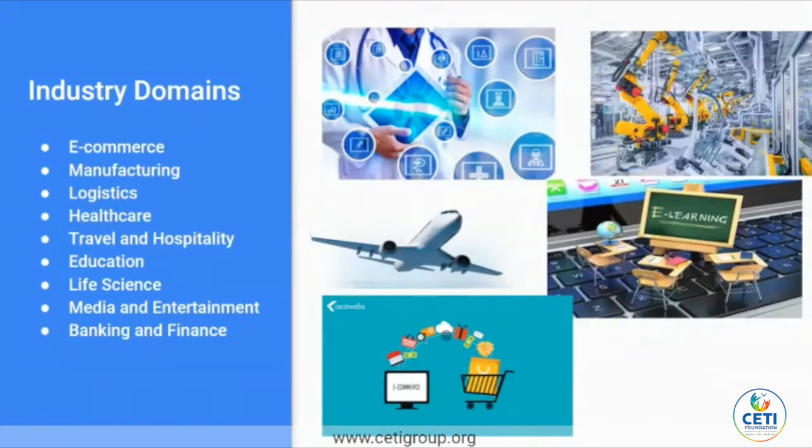In fact, healthcare and banking and finance are among the biggest industries providing lots of revenue to IT companies. Then media and entertainment: now OTT platforms are there, like Netflix, Amazon's. Before that, gaming companies also came under media and entertainment, right?